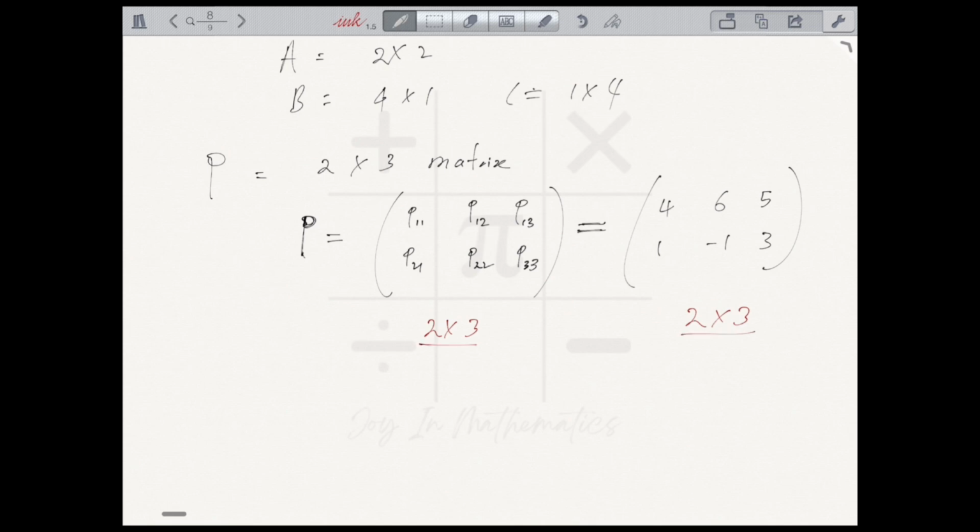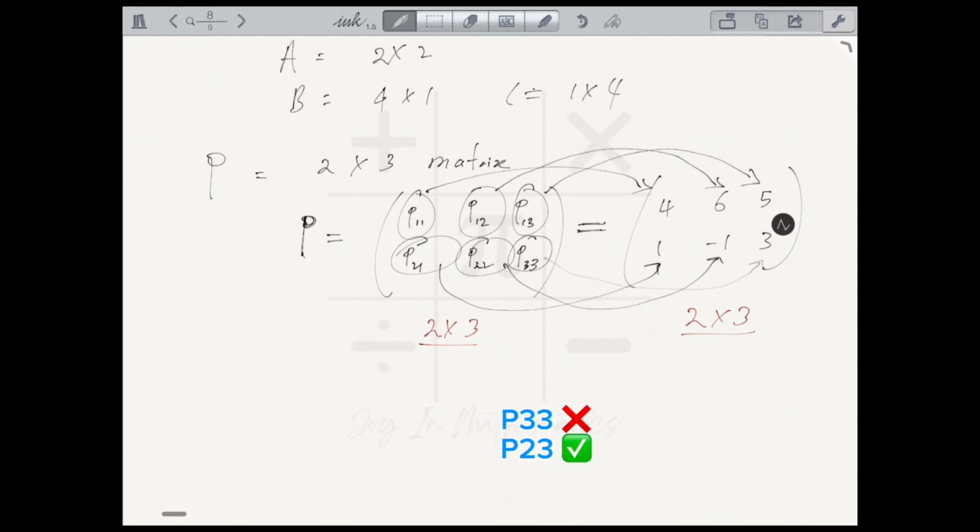Now the implication of that is that P11 is equal to 4, P12 is equal to 6, P13 is equal to 5, and in the same vein, P21 is equal to 1, P22 is equal to -1, and P33 is equal to 3.